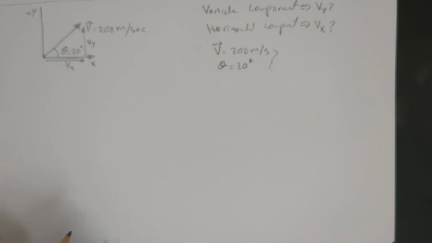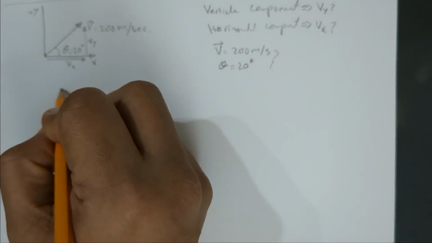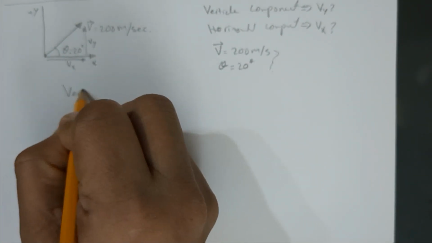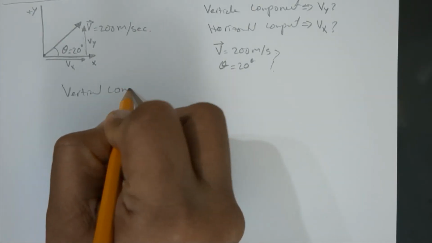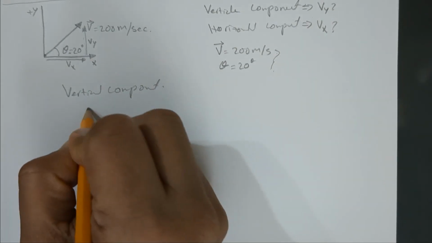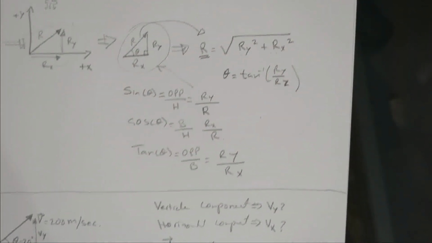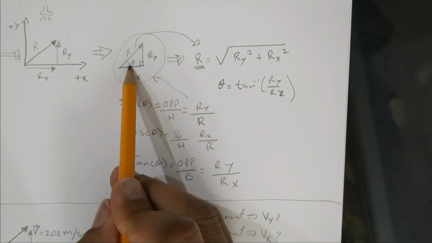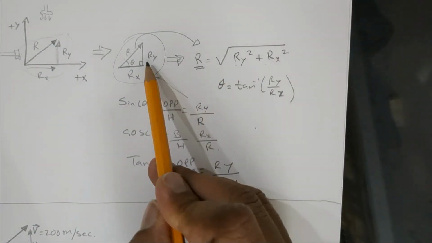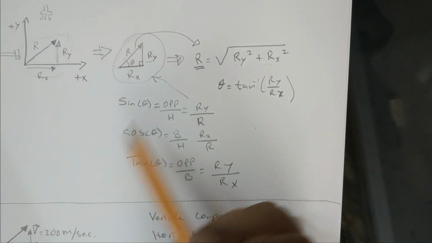So let's begin. Let's look at the vertical component, Vy, all right. So what we have to do to solve Vy. Remember when we discussed earlier using this triangle. So basically this is Vy in the equation, right?